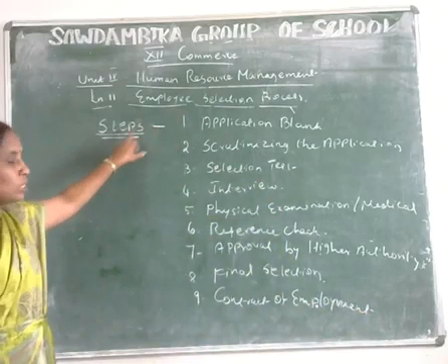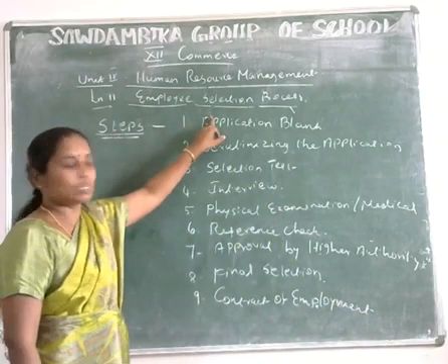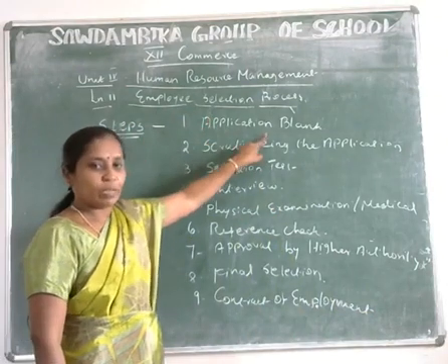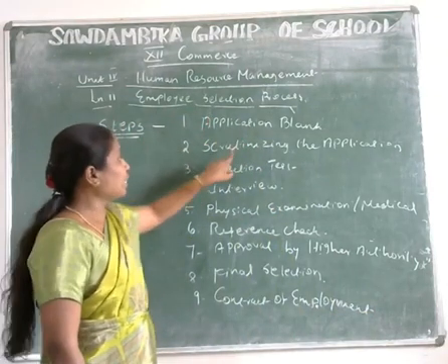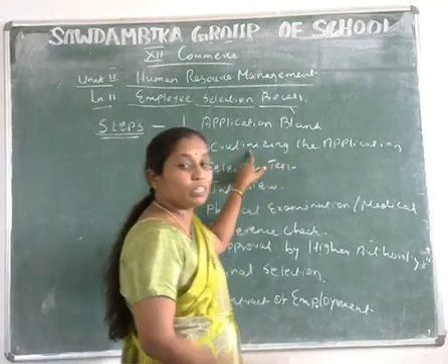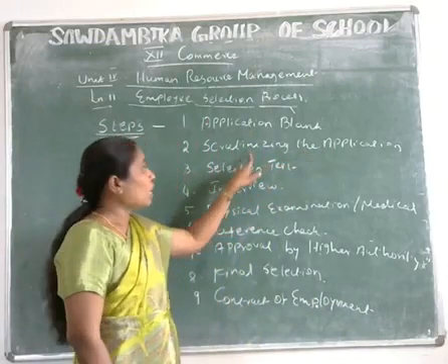What are the steps in the employee selection process? The first step is the application blank, and then scrutinizing the application. Scrutinizing means checking the applications.